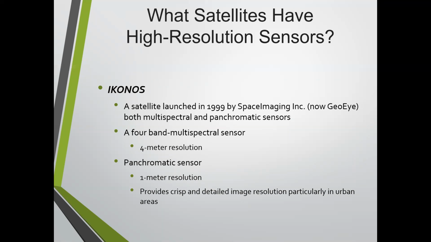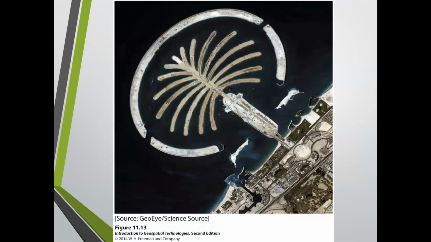By mixing these two, particularly in urban areas, you can get real crisp, detailed images. Here's an example of GeoEye, and this is out on Dubai, I believe, where they're building that series of islands. Those are all man-made islands that are, I think, now all filled with houses. Last time I saw images of that, you can look at that on Google Earth.